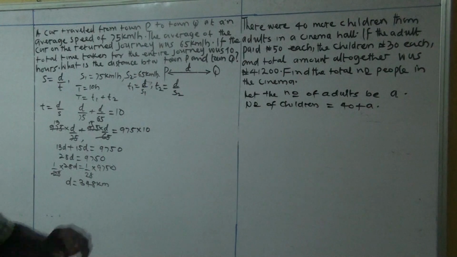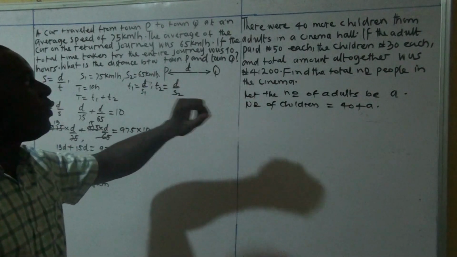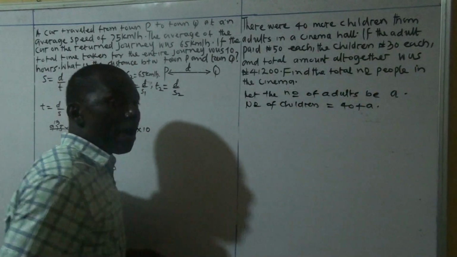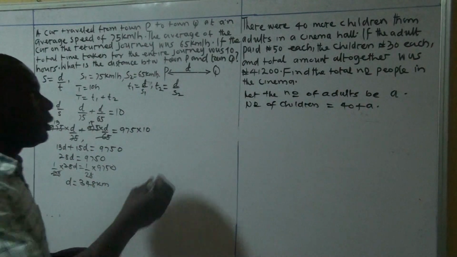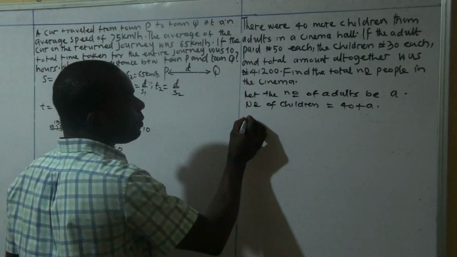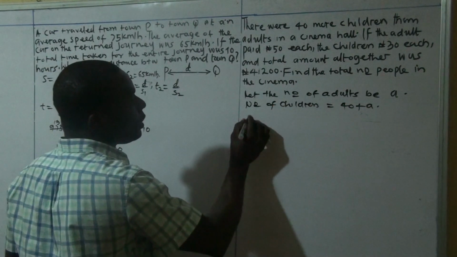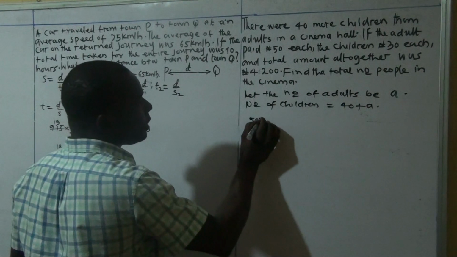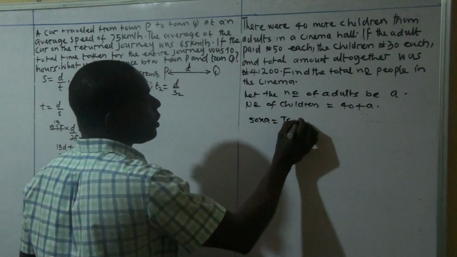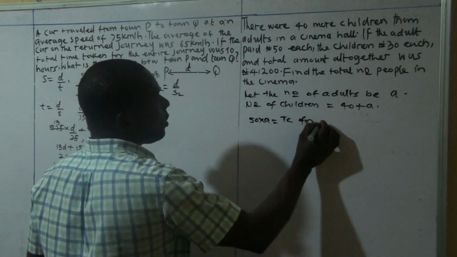So for us to know the total cost of adults, it will be the number of adults times the amount each adult paid. So the total cost for adults will be 50 times A.